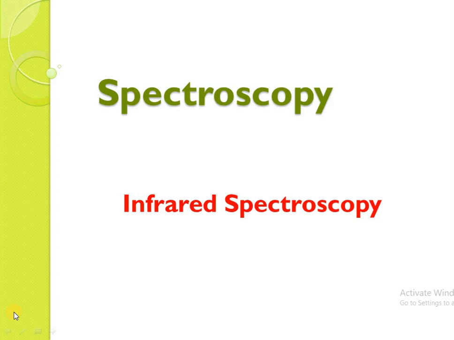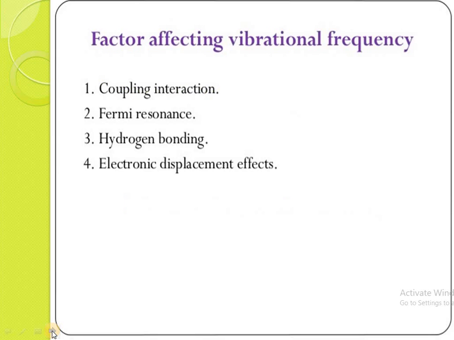Now the factors which affect the vibrational frequency are coupling interaction, then Fermi resonance, then hydrogen bonding, and then the electronic displacement effects. These factors affect the overall vibrational frequency, that is, the dipole moment of the molecule. So first we will start with coupling interaction.